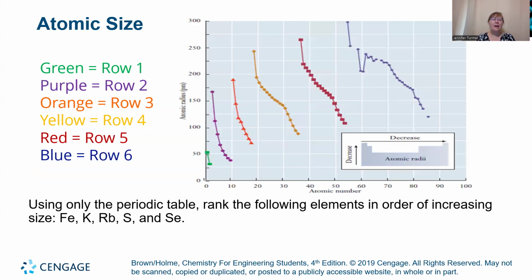Okay. Now we have this atomic size that we have in here. Okay. And your atomic size is showing you a few things here. Now, green is row 1. So this is hydrogen and helium. Okay. And then your purple ones here, that's row 2.